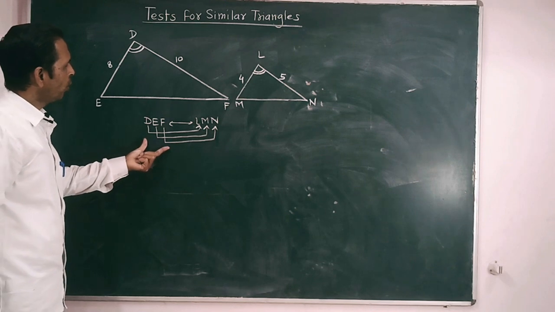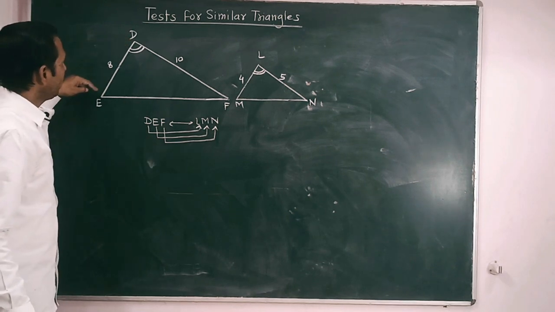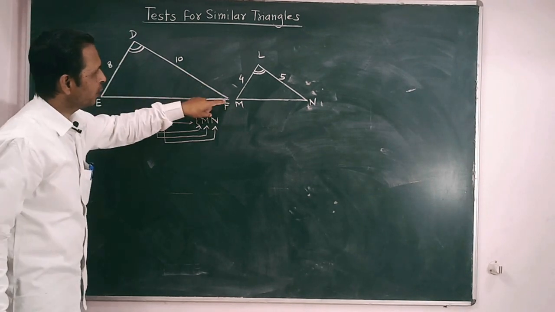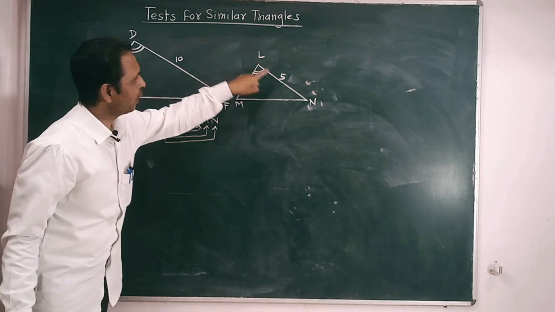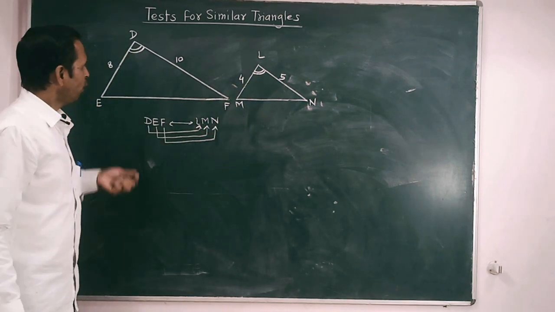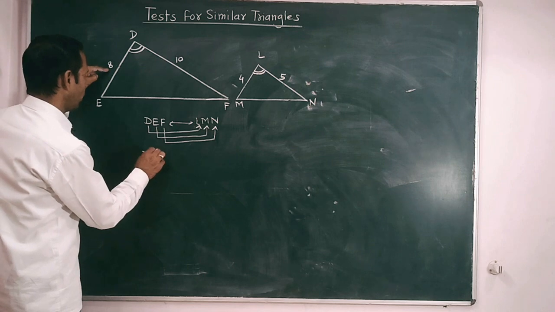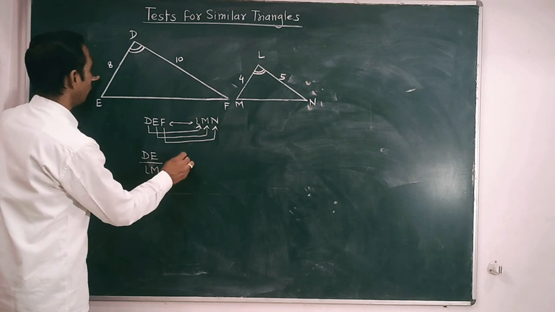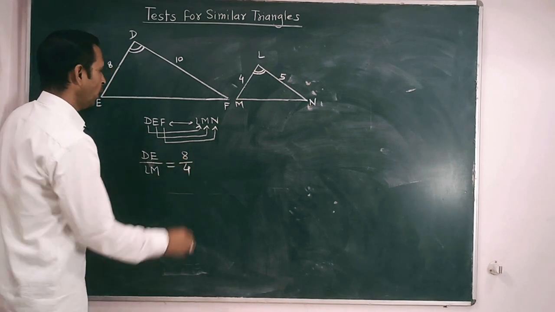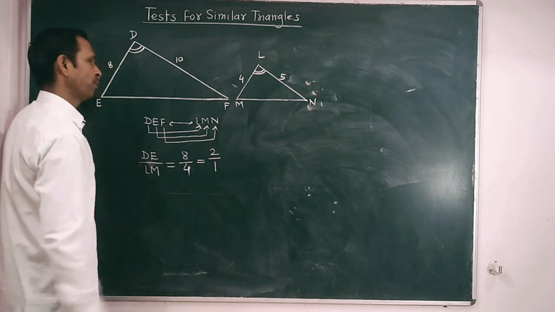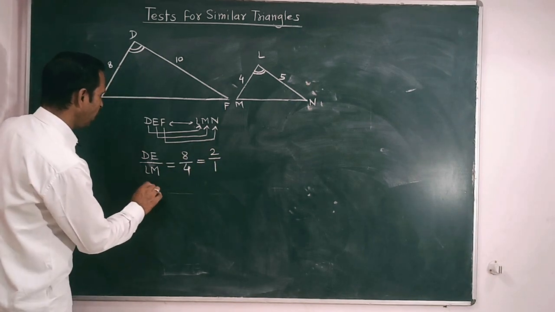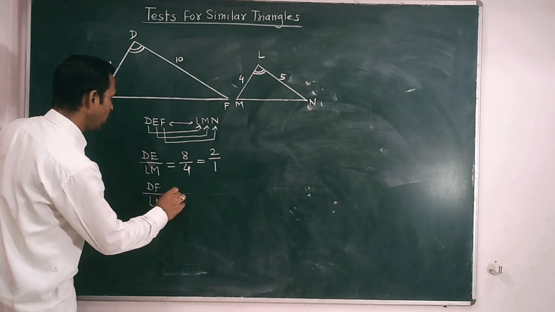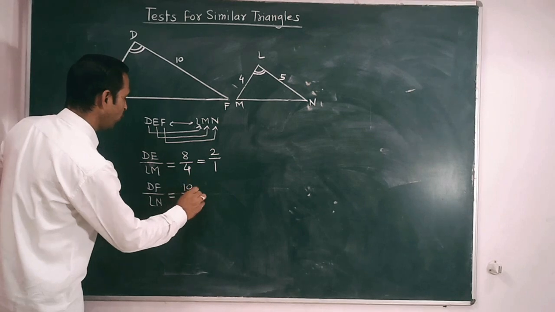Now DE, this side is given to you, DF side is given to you, LM is given to you and LN is given to you. Now if you calculate the ratio, that is DE upon LM, this ratio is 8 upon 4 is equal to 2:1, and DF, corresponding side DF upon LN, this ratio is again 10 upon 5.